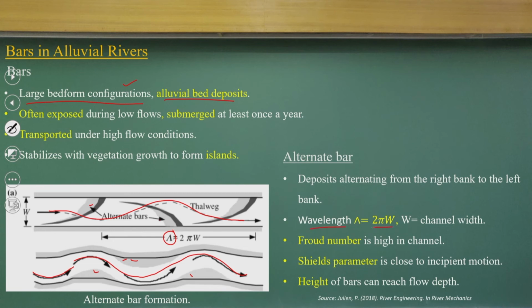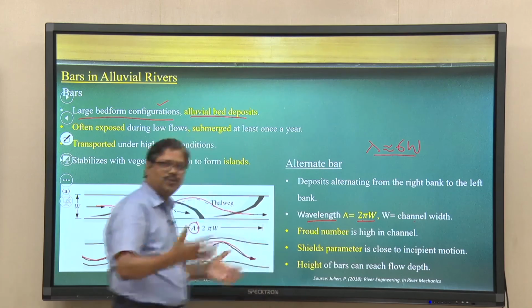which is 2 pi times the channel width, closely 7 times, or 3.6 times the width. Just try to understand it. The formation of alternate bars has a wavelength of 2 pi times W, or we can say it is close to 6 times W. Do not go too precise.